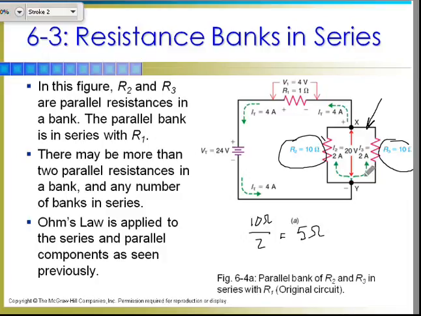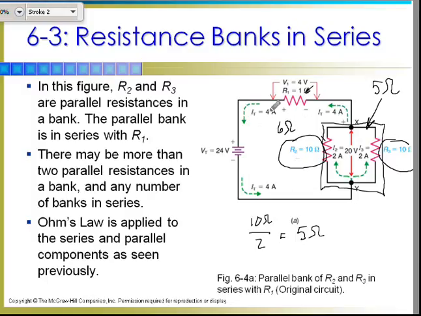So now this bank, so far as we're concerned, is a 5 ohm resistor. So my total resistance for this circuit is 5 ohms plus 1 ohm, or 6 ohms.